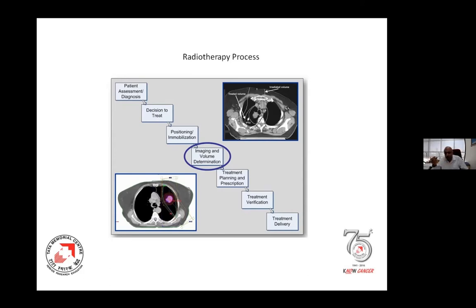So the patient should not move. What type of imaging you would like to do, what type of volume determination we are going to do, what treatment planning systems we are going to use, and what doses we are going to prescribe. Treatment verification has to be done before the actual treatment is delivered, and then we deliver the treatment. Then again, we go back and see what we have treated.